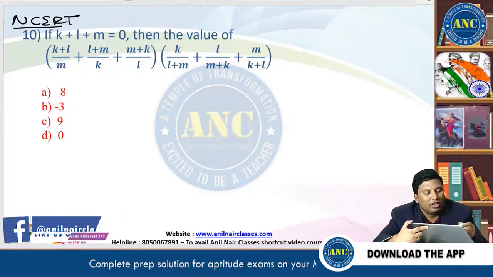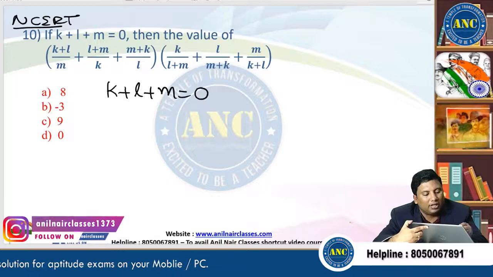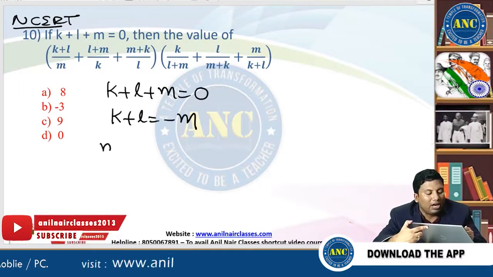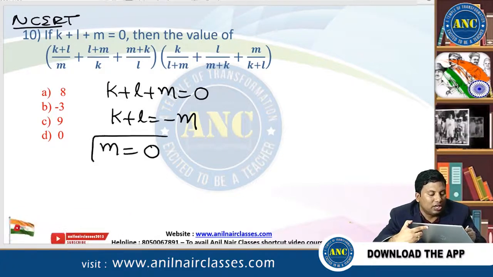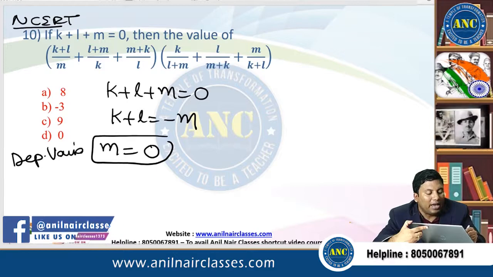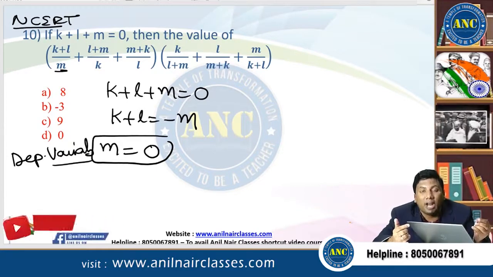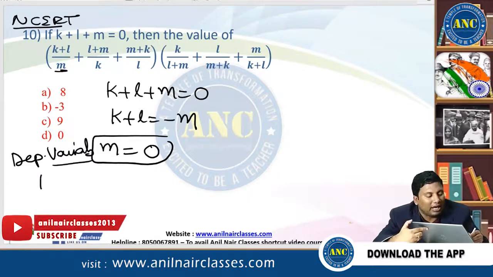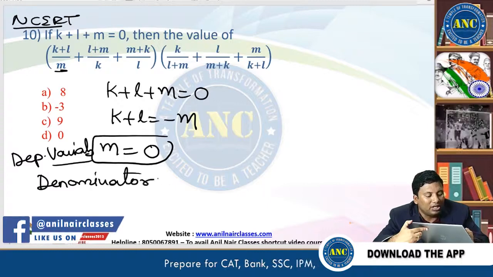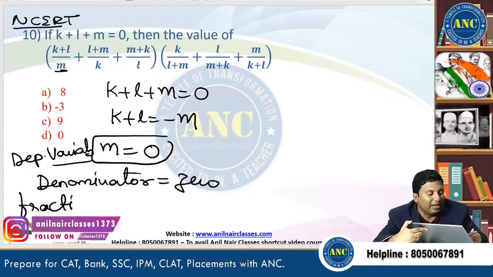If K plus L plus M is 0, K plus L is equivalent to minus M. According to the rule, make the dependent variable M 0. But the dependent variable is in the denominator. The denominator cannot be 0. If the denominator is 0, the fraction value is undefined.